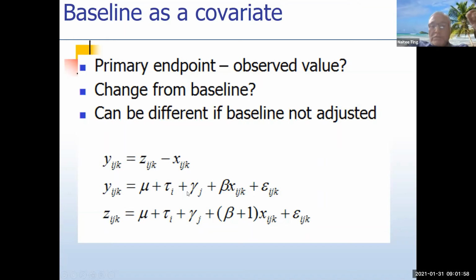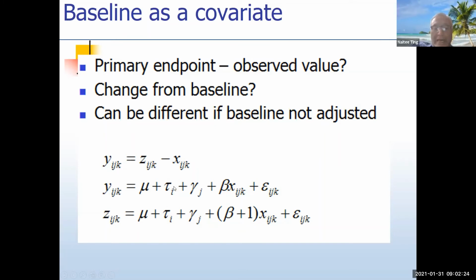But if you introduce baseline in the model, it's different, because remember, Zijk is Xijk plus Yijk. Zijk equals Yijk plus Xijk, so you just substitute. Now this coefficient becomes beta plus 1.